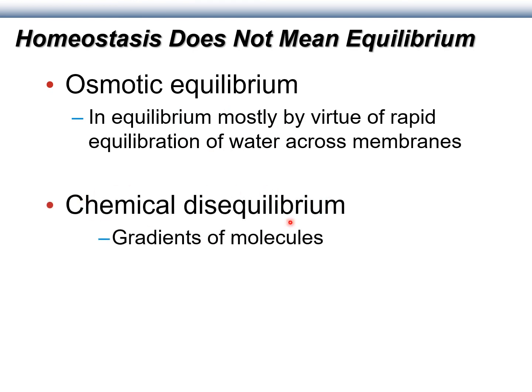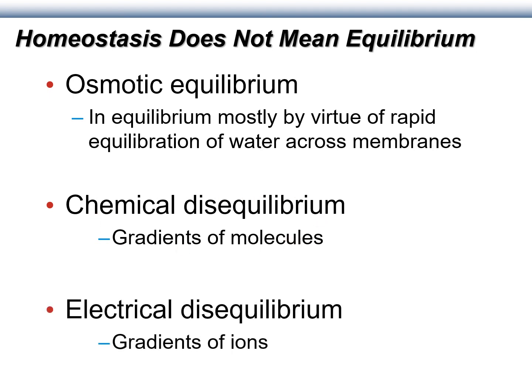We are very much in a chemical disequilibrium, and I showed you the gradients from the previous slide, so sodium and chloride, potassium, and sometimes protein. Also, those ions will contribute to an electrical disequilibrium, and that's going to be very, very important for signaling. The chemical disequilibrium may or may not result in an electrical one, but does allow for transport of material in many cases. Electrical disequilibrium is more about signaling and messaging.